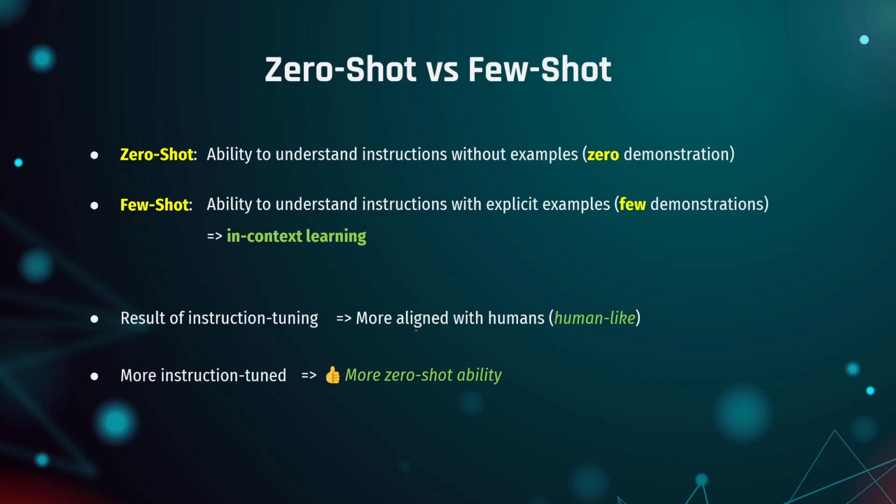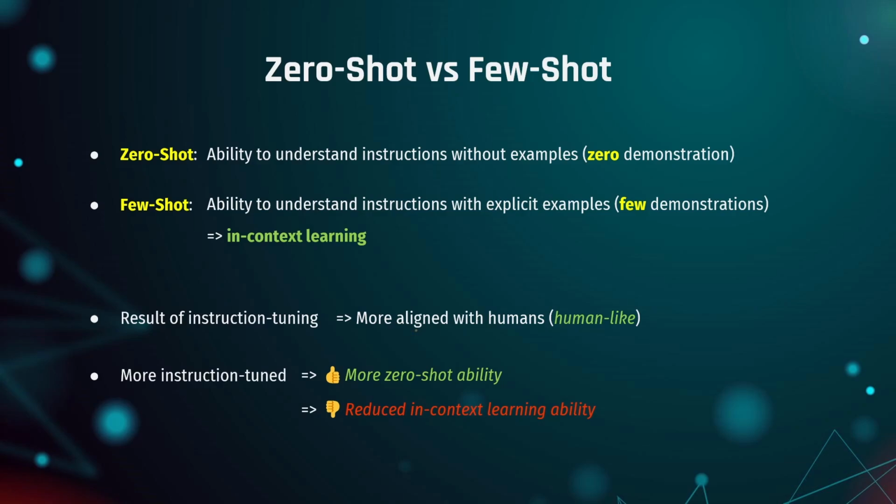Along with this, we also have to remember that if our model is more fine tuned, more instruction tuned to behave like human, although it gains more zero shot ability, it starts to lose in context learning ability. It starts to lose few shot ability, right? Which basically means our model becomes less and less dependent on the prompt itself, right?